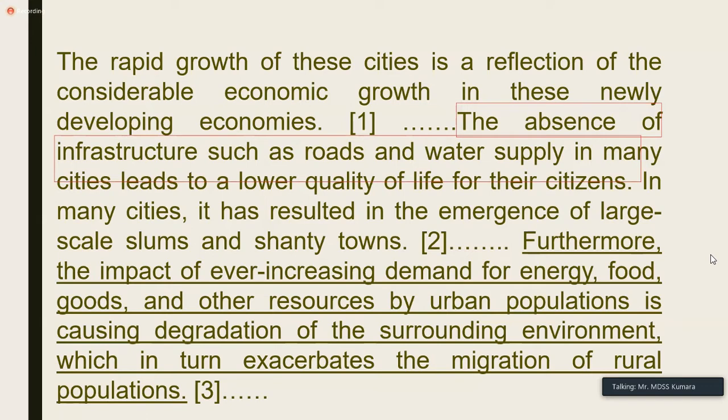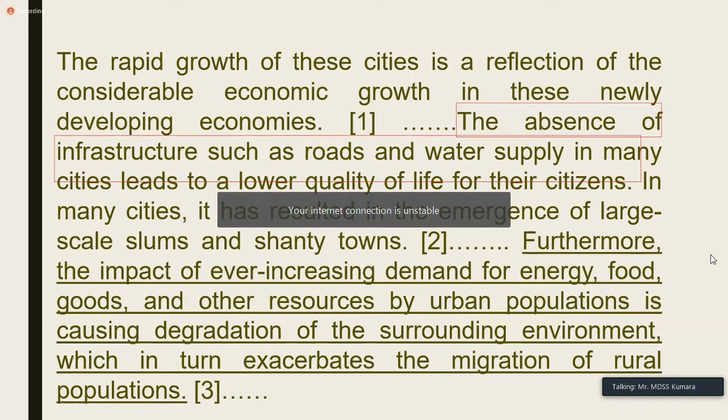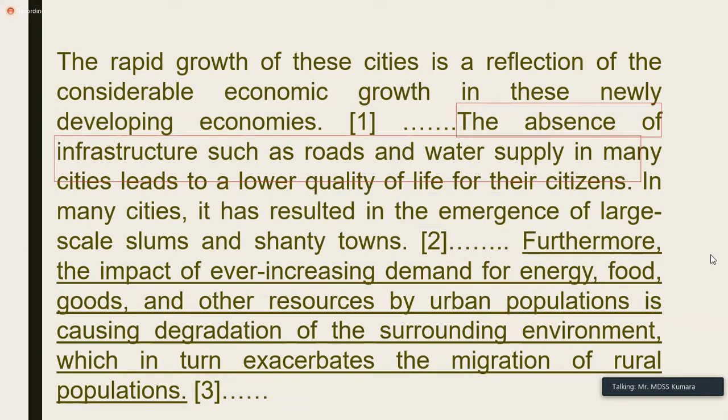The passage is about urbanization. And in the particular sentence, we should know what the topic is. In other words, what does this sentence tell about urbanization?